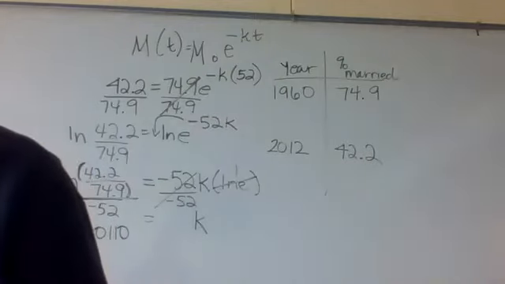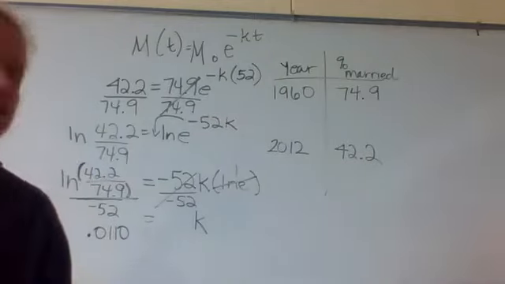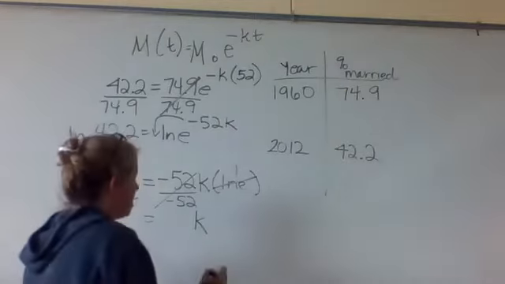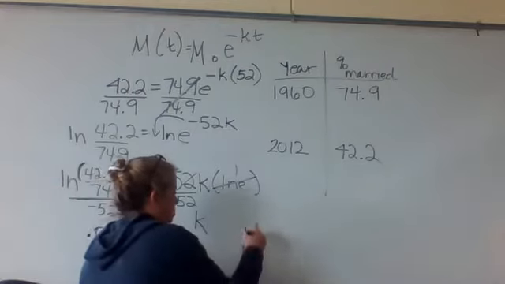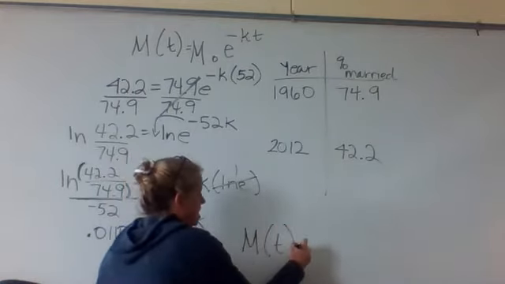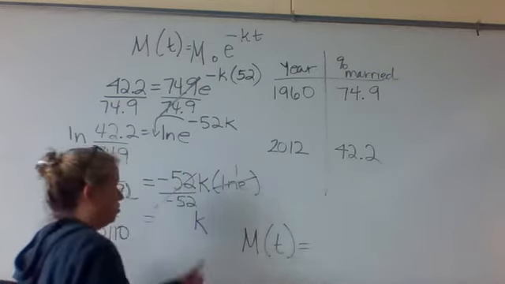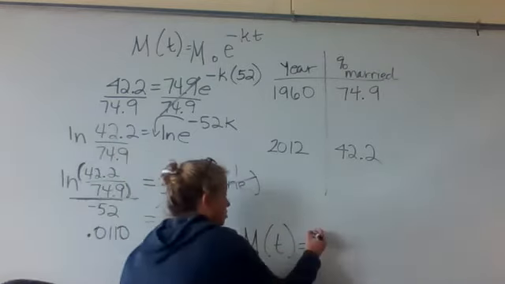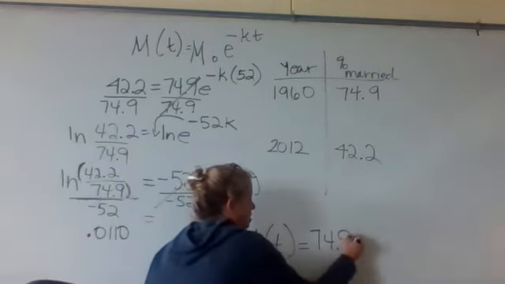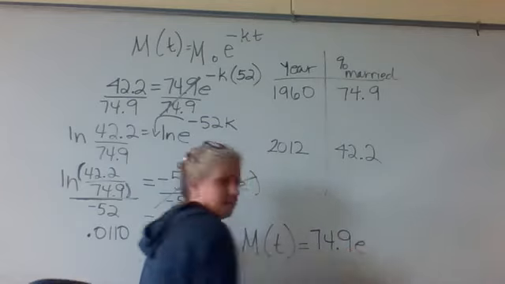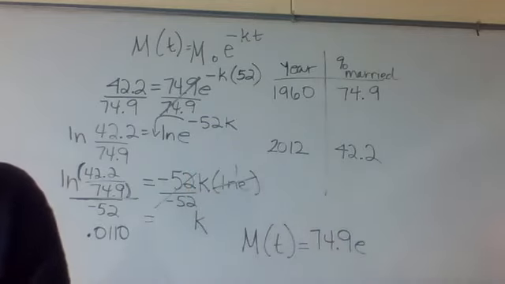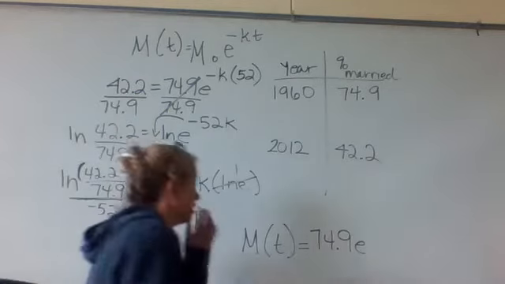All right, the next thing gives you some blanks here. So what's going to be my formula to figure out other parts? So m of t is going to be equal to the starting amount, which is 74.9, e, and then up top it has blank t.